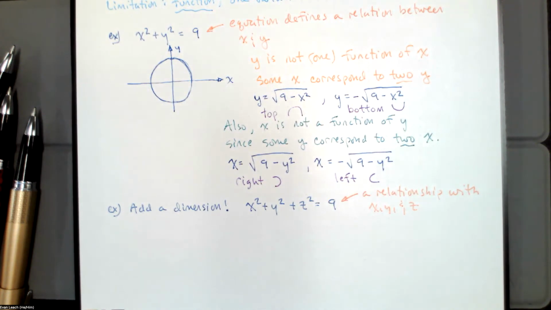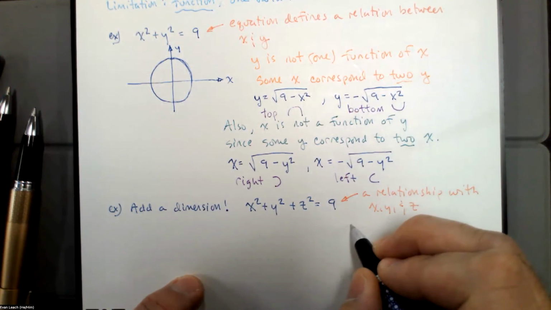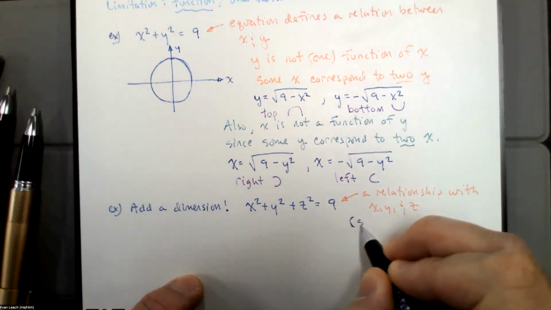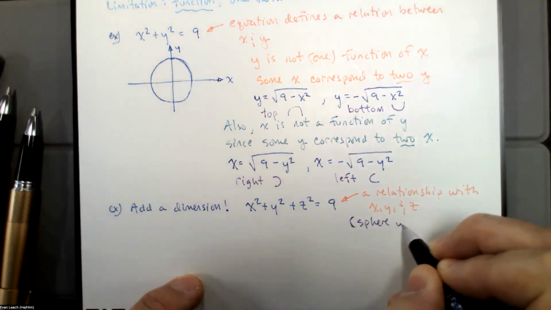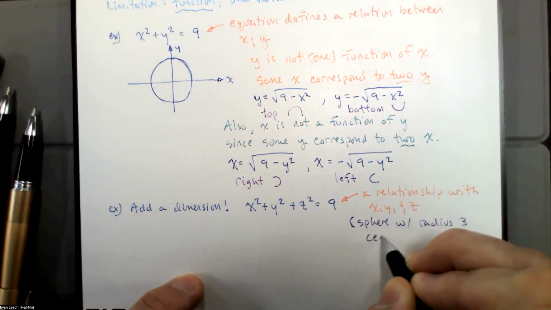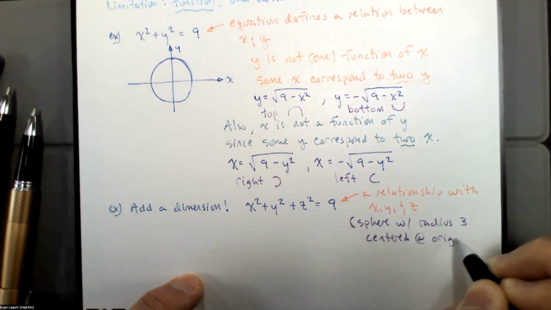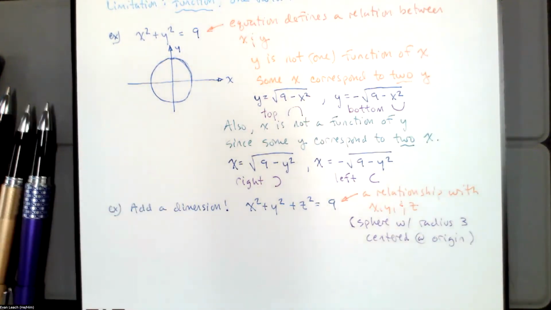When we had two variables, we ended up with a circle. This x squared plus y squared equals 9. That was a circle. If I have three variables, what's a three-dimensional circle? A sphere. We've just gone up one, so this is a sphere with a radius of 3 centered at the origin.